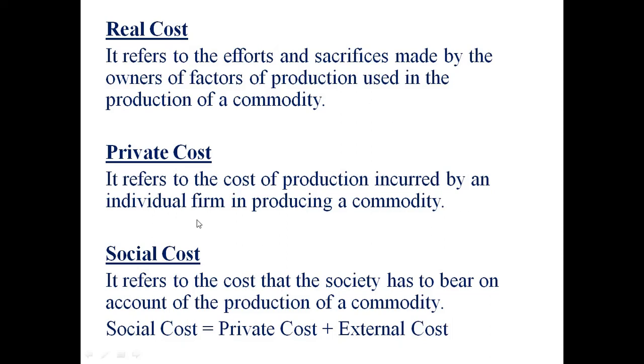So in a society, there are varieties of firms and various numbers of producers. For one producer, whatever the cost that he is incurring for his production of goods is called private cost. And the cost that is incurred by other firms is known as external cost. For example, let us suppose that there are three companies out here: Reliance, Vodafone Idea, and Airtel.